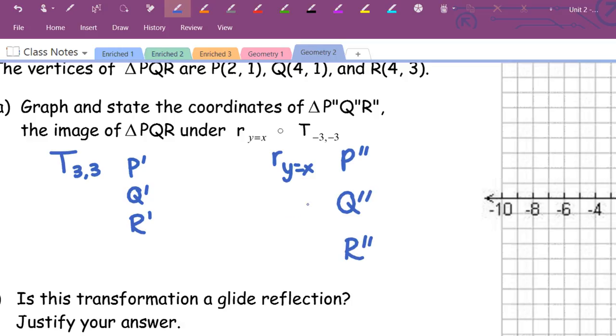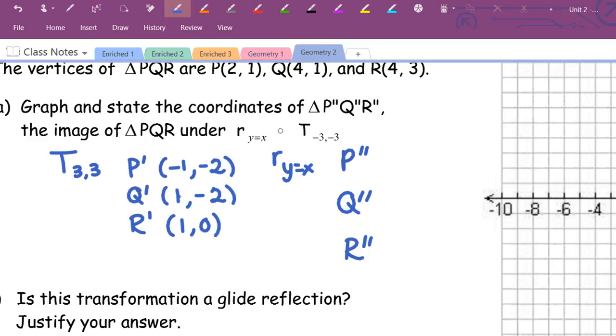So hopefully you can at least get the first 3 done. You're going to do that translation first. Madison, what would you get as the coordinates after you do the translation? Great. There's 1, -2, and the other was 1, 0.